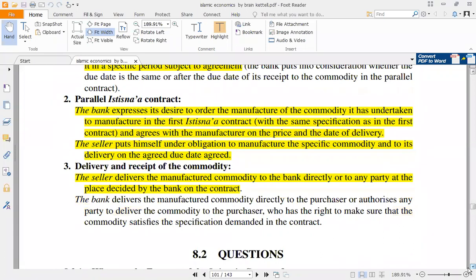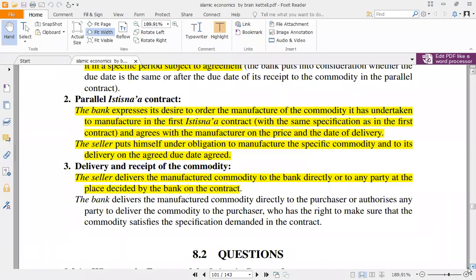Hopefully, we will find no problem. So, when we combine the first five conditions of the Istasna contract, the first 2 steps show the sale contract.